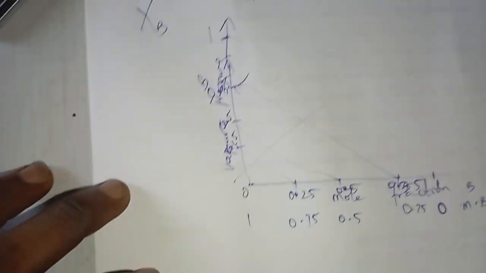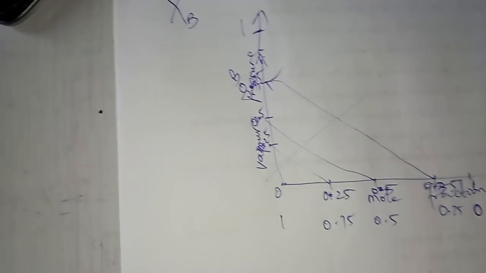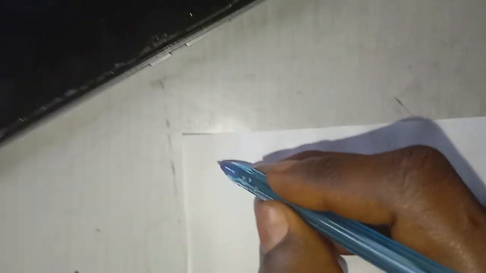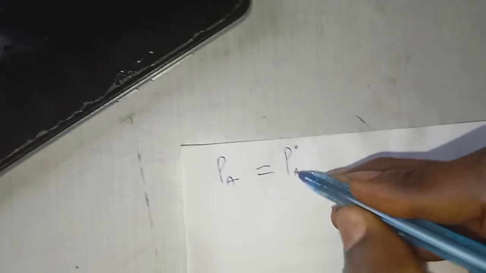With that said, another thing I want to prove before leaving here is that Raoult's law gives us the account that PA, the vapor pressure of solution, is directly proportional to pure vapor pressure and mole fraction.